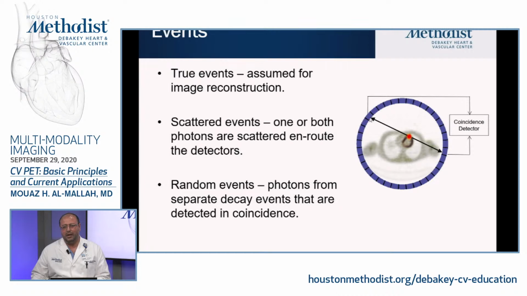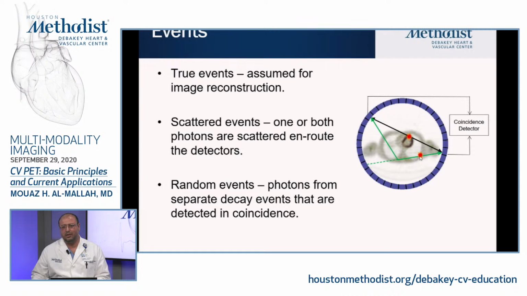So with time of flight within picoseconds, you are able to detect the true events. They should hit two detectors that are 180 degrees apart within picoseconds, and you can account for that, and you account for their energy there. So the events are coming in within one line, 180 degrees apart. However, you could get scattered events.